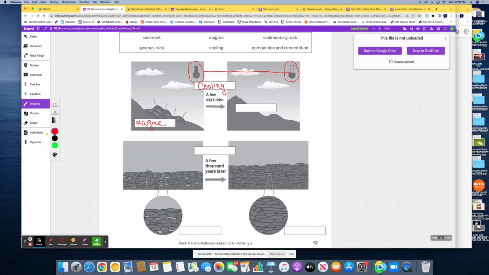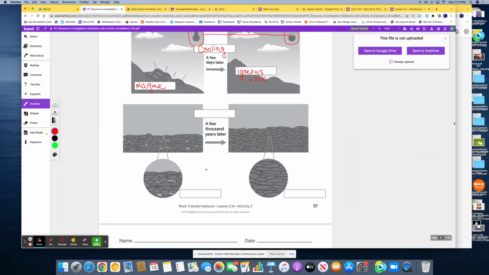And then after that happens, after the cool, so magma cools, and then guess what? It becomes igneous rock. Oh, I apologize. My R is kind of funky. All right, so next. Then we have this picture right here, and actually this picture is of sediment.